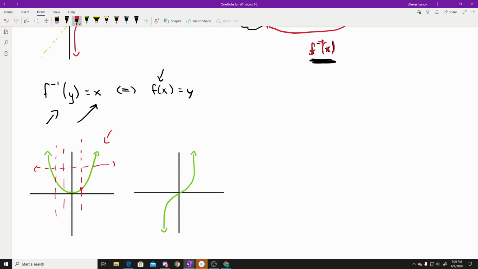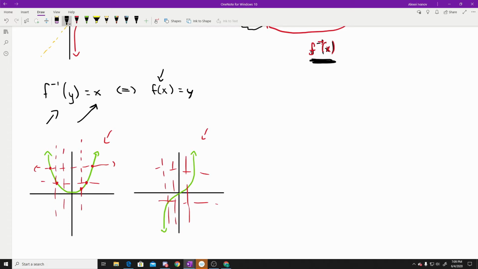However, for the horizontal line test, I can take almost any horizontal line here and it will intersect the graph at exactly 2 points, which is not good. This means that this function does not have an inverse. However, if we look at something like this, this function will pass all the tests. It will pass all the vertical line tests as well as all the horizontal line tests. So a function like this would be able to have an inverse.